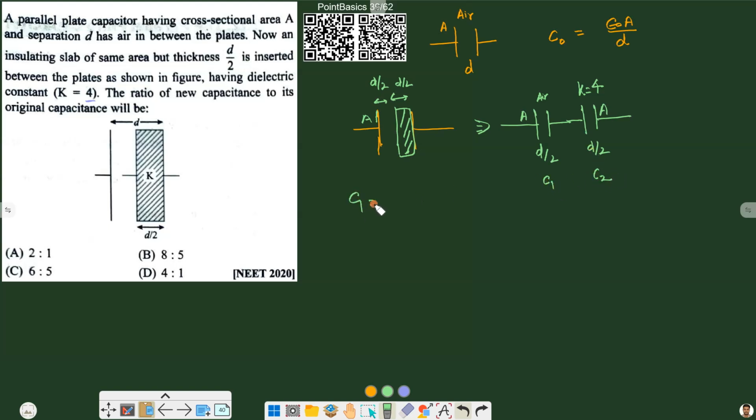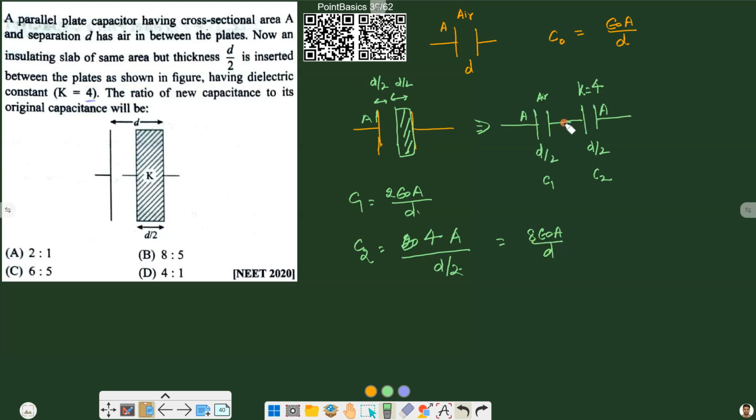So C1 will be epsilon node A over D by 2, and the 2 goes above, so 2 epsilon node A by D. C2 will be epsilon node into K's value 4 into area divided by D by 2, and the 2 goes above. So it will be 8 epsilon node A by D.